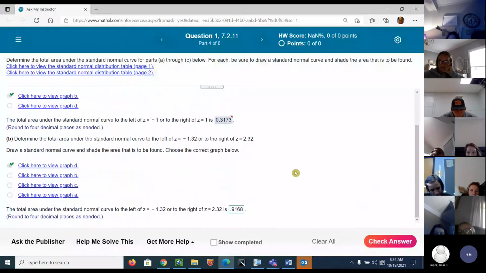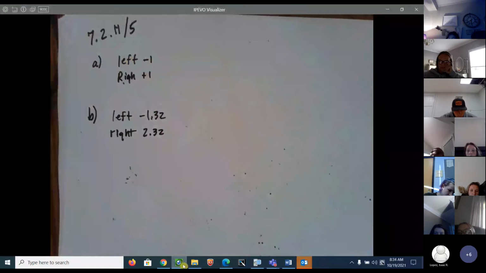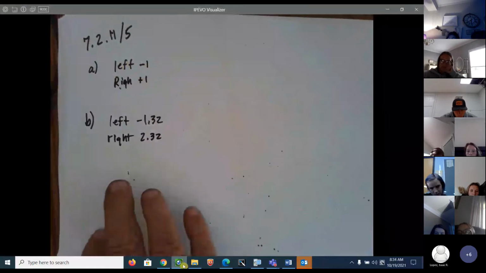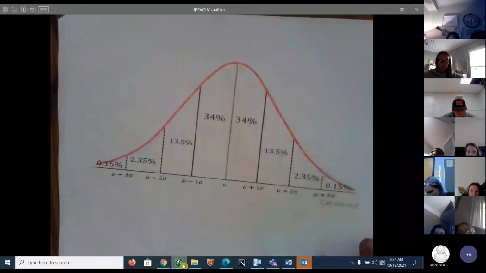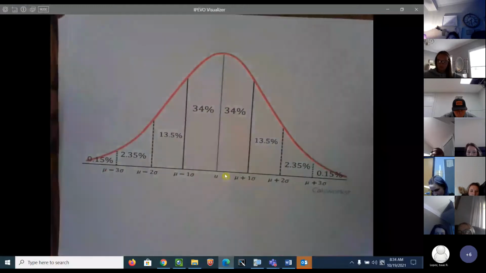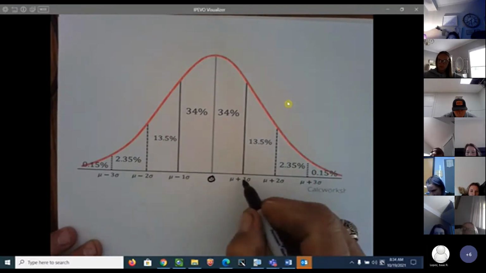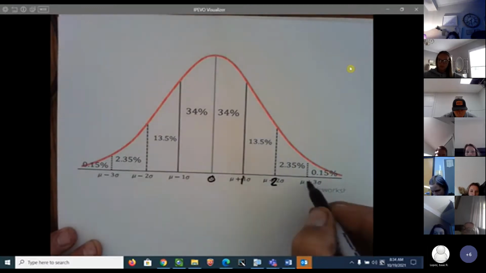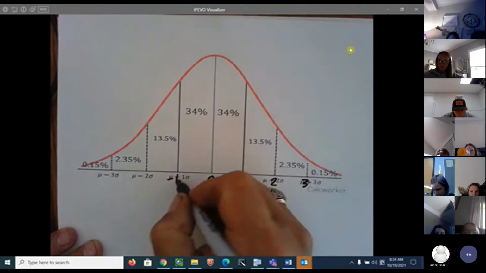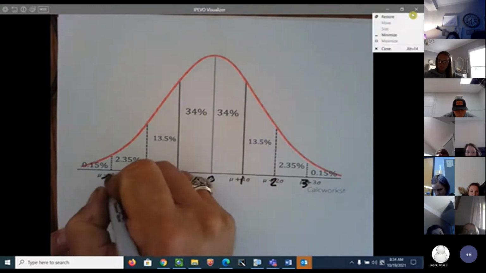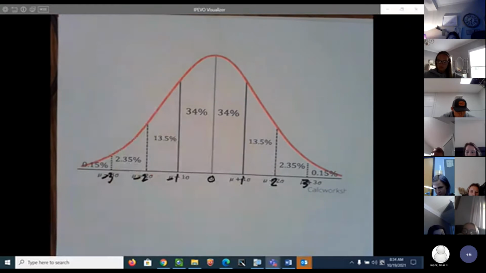Okay. So we got to get our handy dandy curve out. It may be 4 or 5 of y'all printed out. And this is going to be 0, 1, 2, 3, -1, -2, -3.